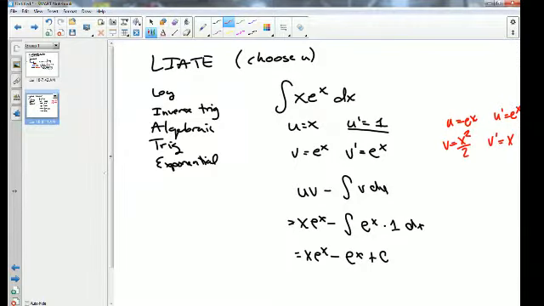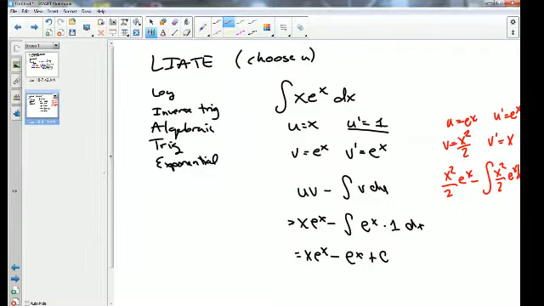See how everything got more complex or stayed the same? It's a good indicator that you're hosed. So if I write my formula out, uv minus the integral of v du.